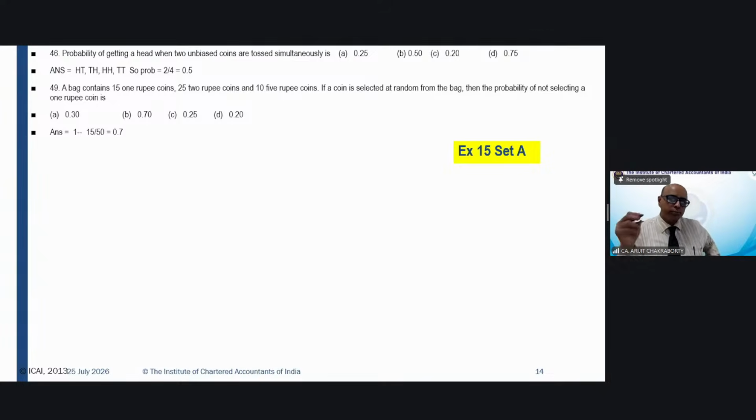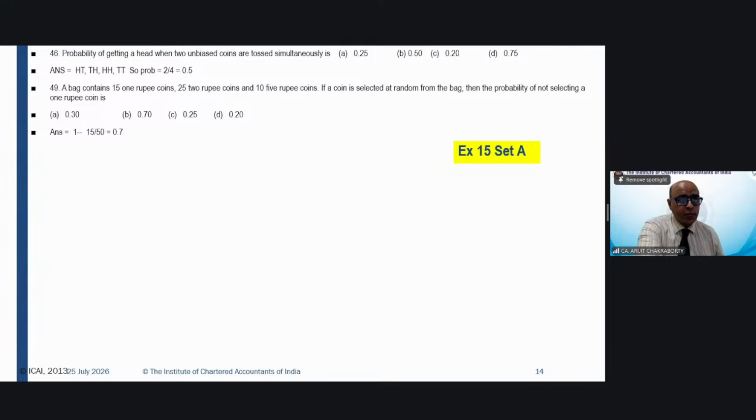So possible number of events is 50. In how many ways can you select a 1 rupee coin? The bag has 15 1 rupee coins. So if I want to select a 1 rupee coin, there are 15 ways. 15 chances, 15 out of 50.